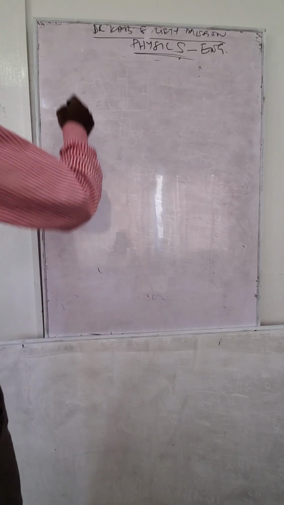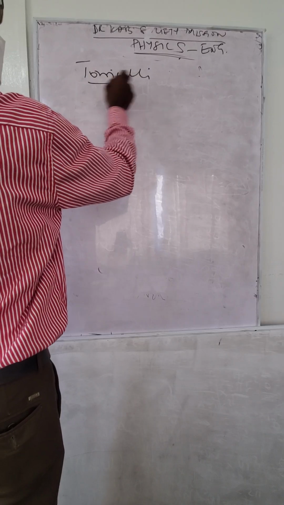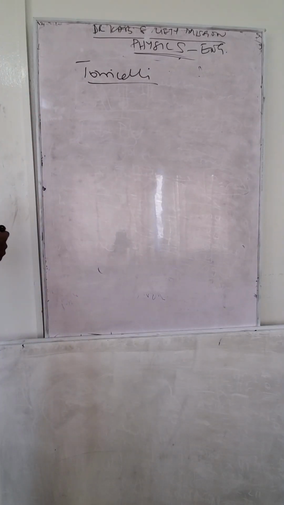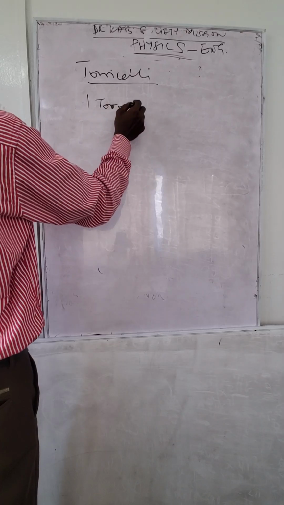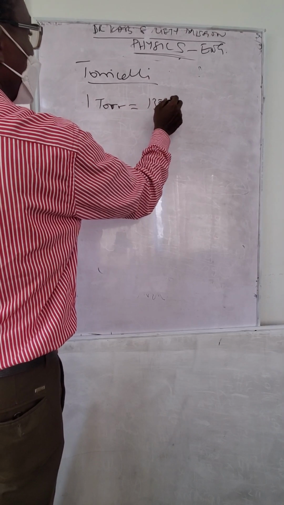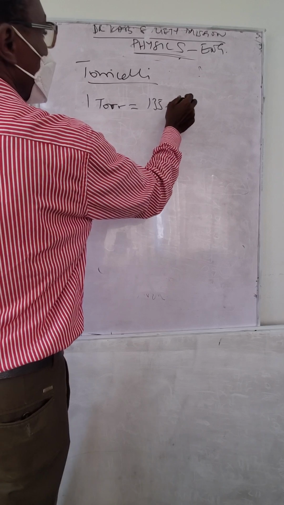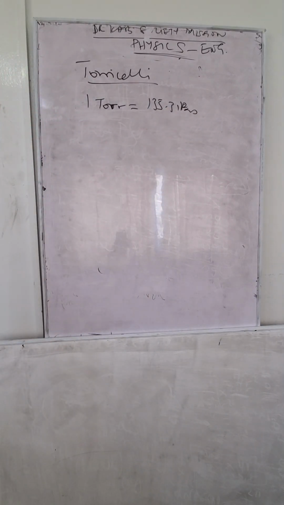Now, Torricelli is linked to pressure. So 1 torr is the same as what?